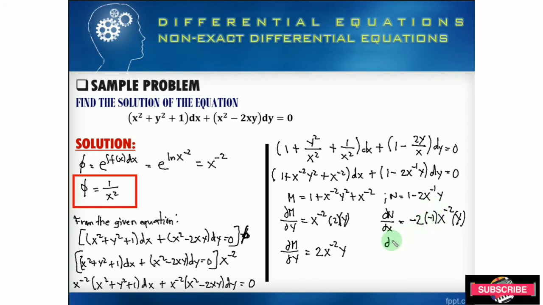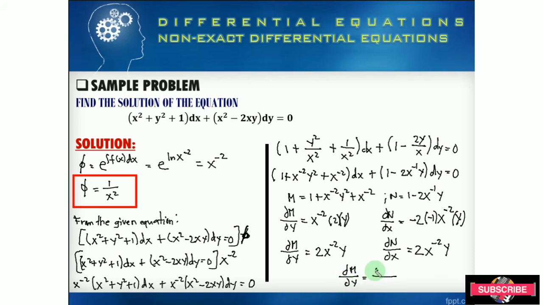Simplifying this, the partial derivative of n with respect to x is just simply equal now to negative 1 times negative 2, so this is positive 2, and this is x raised to the negative 2 times your y.